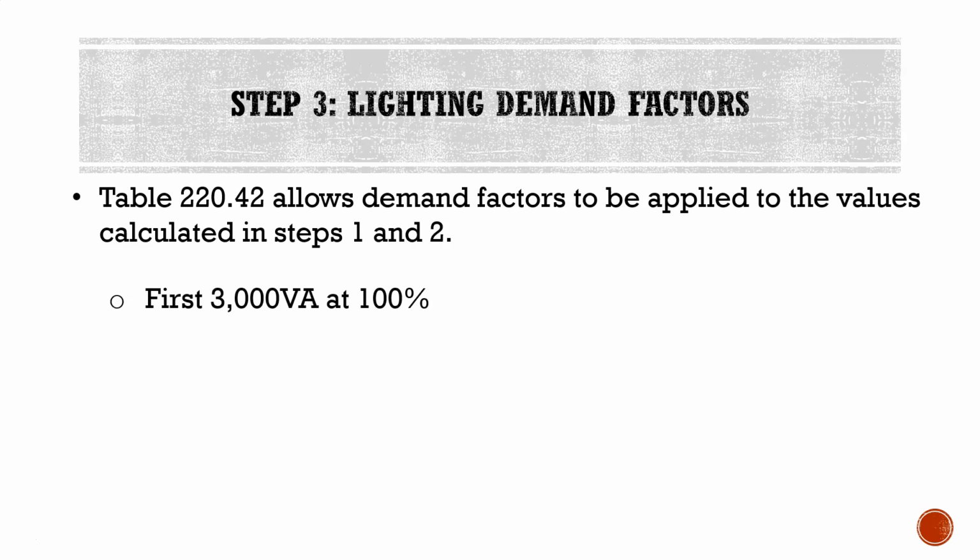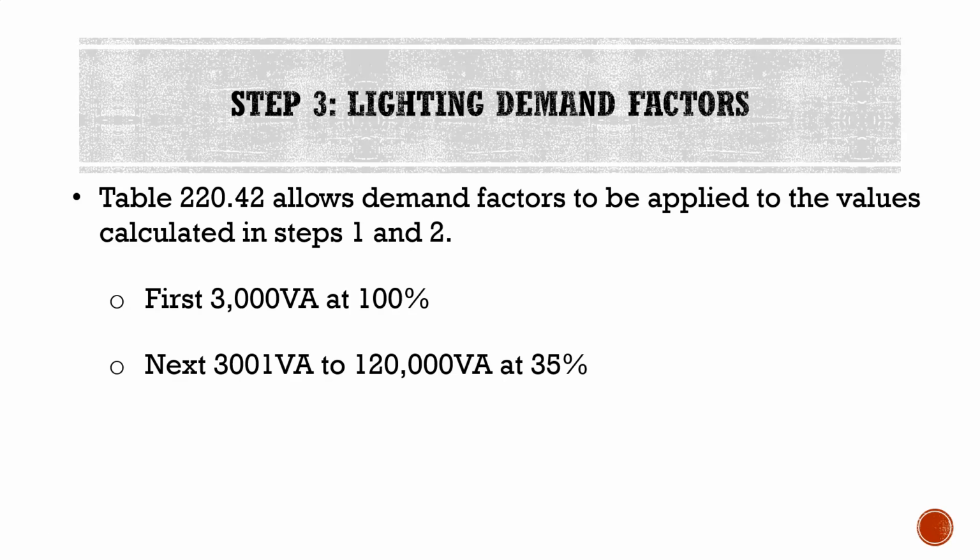So what we're going to do is take our first 3,000 volt amps of that total amount at 100% of the value. For our 7,500 volt amps and our 4,500 volt amps, that comes out to a total of 12,000 volt amps. Of that 12,000, we're going to take 3,000 from it and rate it at 100%. Then, for whatever we have left from 3,001 volt amps to 120,000 volt amps, we're going to be rating that at 35%.